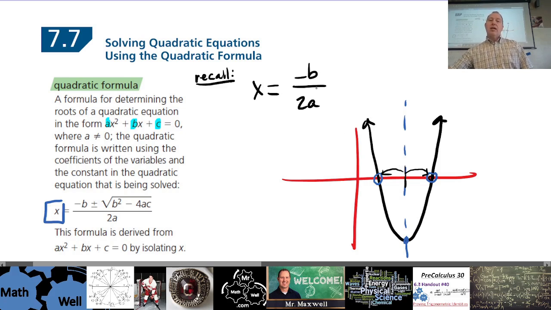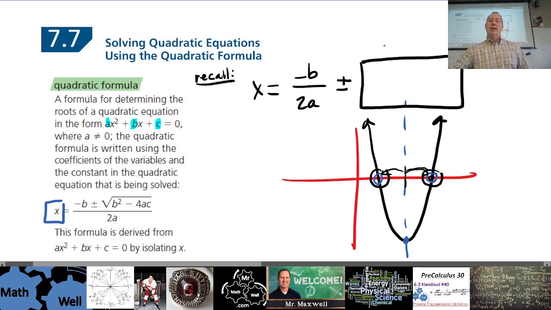So if I take negative b over 2a and I add something to that, then I will get this x value. And if I subtract something from this, I will get this x value. And it just so happens that this quantity that we add or subtract looks like the square root of b squared minus 4ac over 2a.